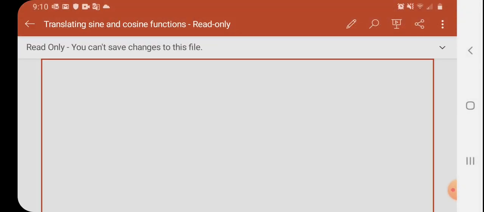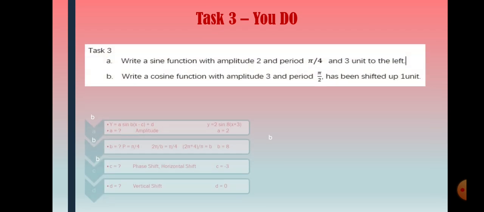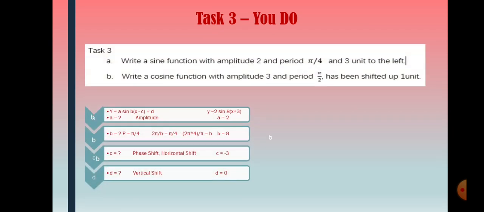The same way, go ahead and do your next problem, and then tell me what is A, B, and C. And here we go.